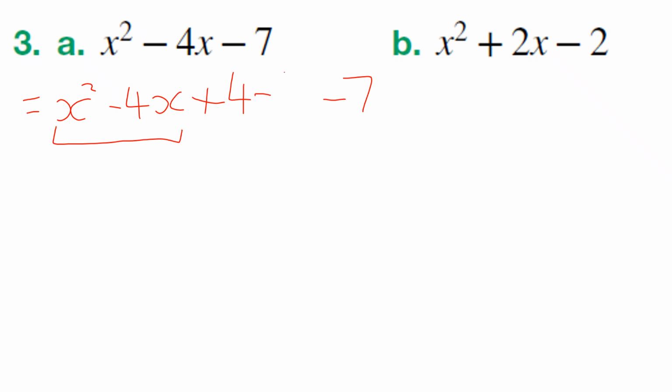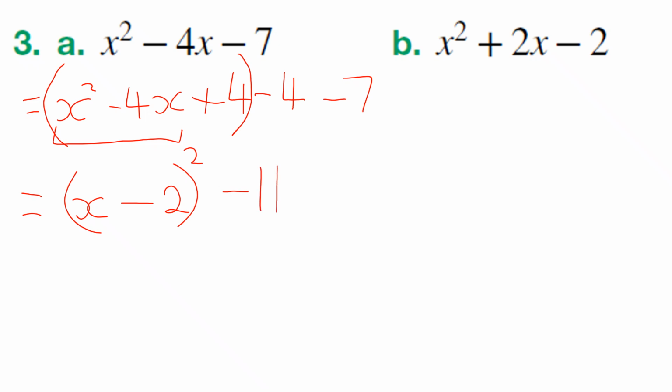So then we have to subtract the 4. This part in here is going to form our perfect square. So it will be x minus 2 all squared. And we have minus 11 left over from this section here with our constants.